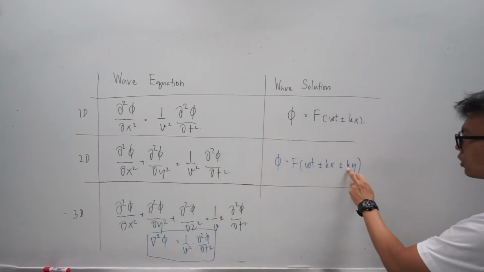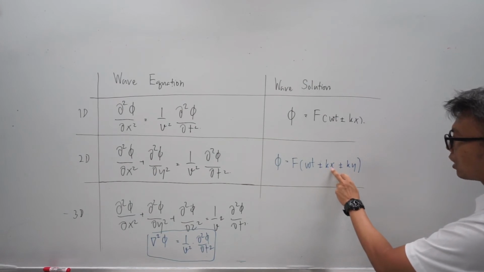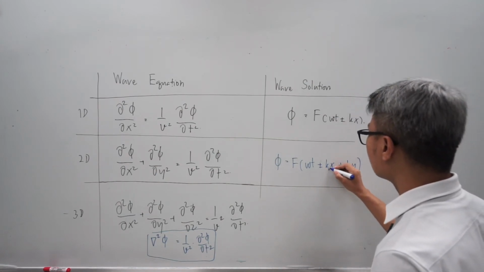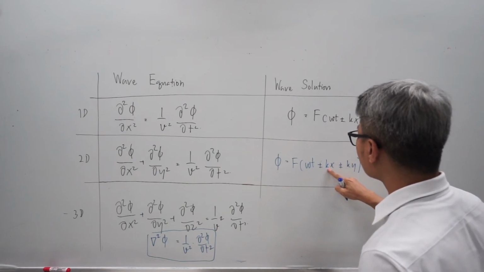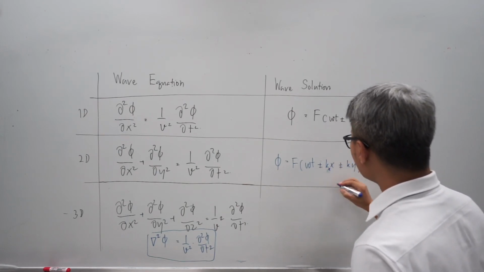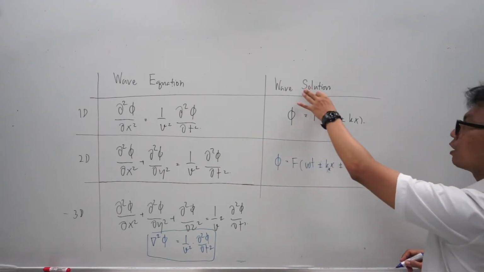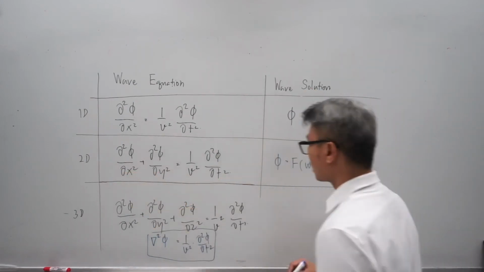But in this case, the wave number in the x direction and the wave number in the y direction might be different, and therefore we put the subscripts kx and ky for the solution of the wave equation in 2 dimensions.